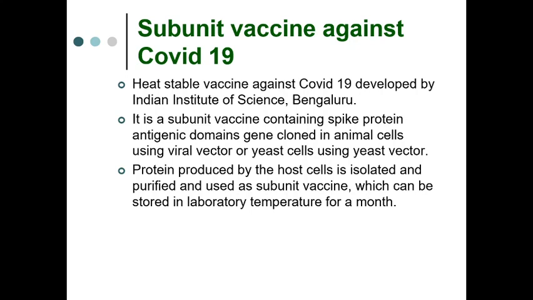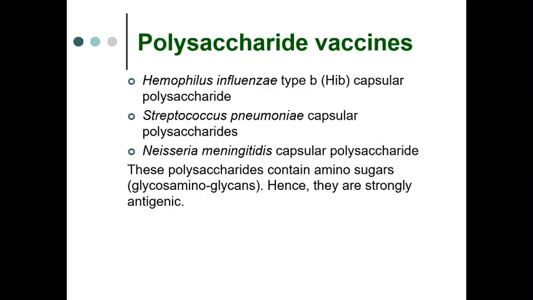The protein produced in the cell culture is isolated, purified, and used as a subunit vaccine against the coronavirus. And it is heat stable and can be stored at laboratory temperature. That is the advantage of this vaccine.